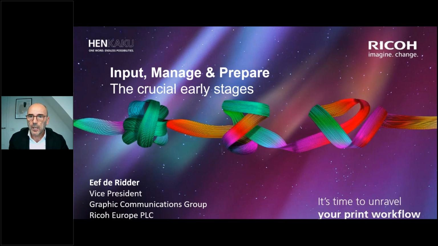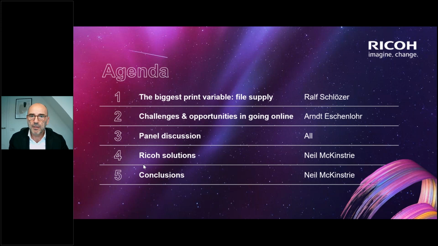So let's turn to the agenda. After I have briefly introduced the panelists to you, we'll begin with a short overview of the 5 stages of the print ecosystem and the importance of a smooth handoff. Then our 2 independent print experts, Rolf Schlöscher and Arndt Eschelor, will share with us some privileged insights into, firstly, recent research into how files are supplied and some key learning points, and then the challenges and opportunities around the expanding world of e-commerce.